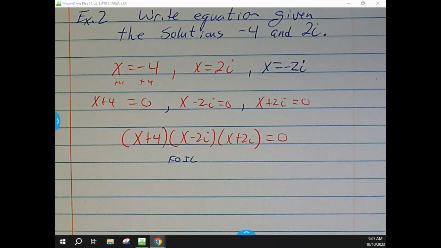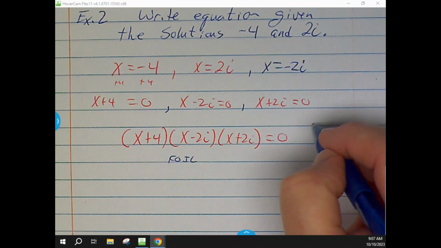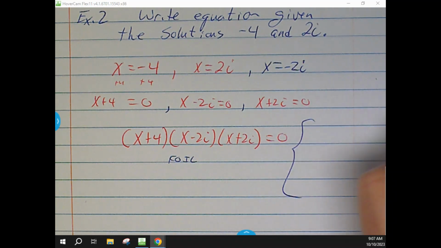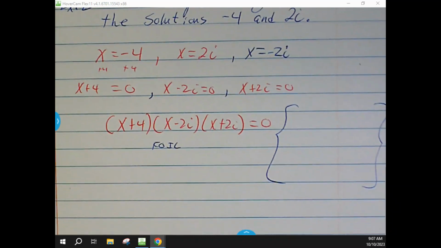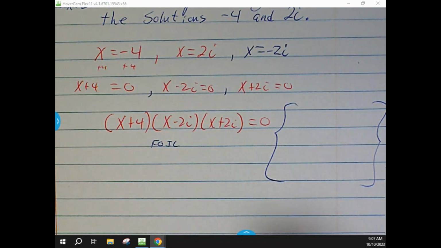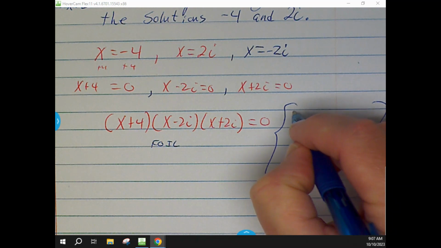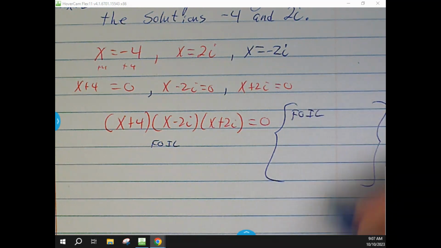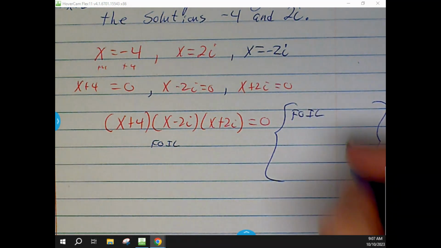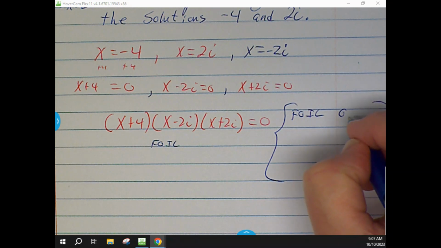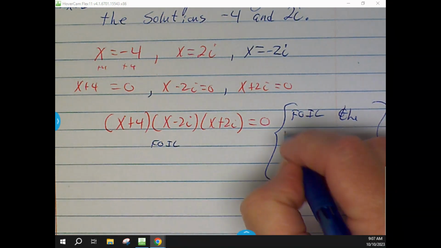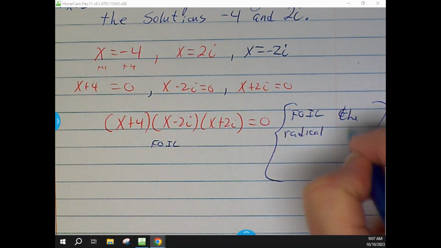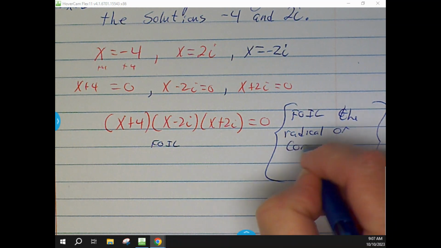Now, one big hint, one big help for this one. You can put this on the side, because if you don't do this, you're going to make your life very miserable on these kinds of questions. Basically, you want to multiply the radical or complex numbers first.